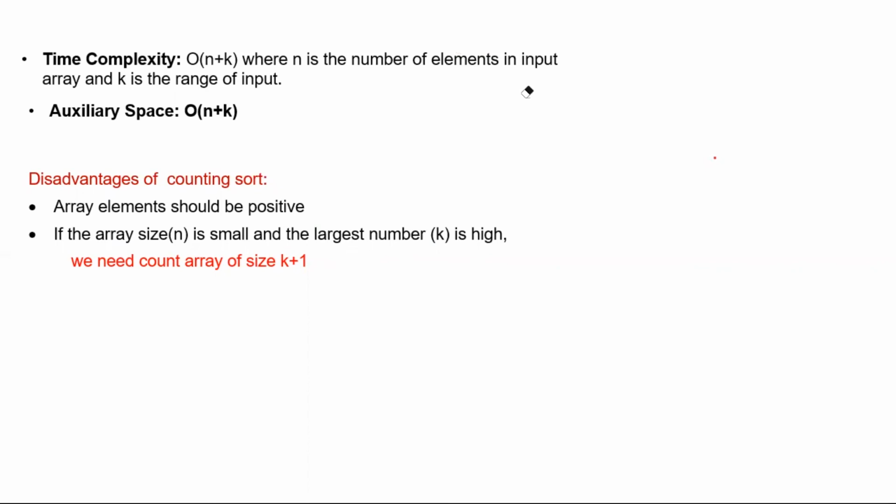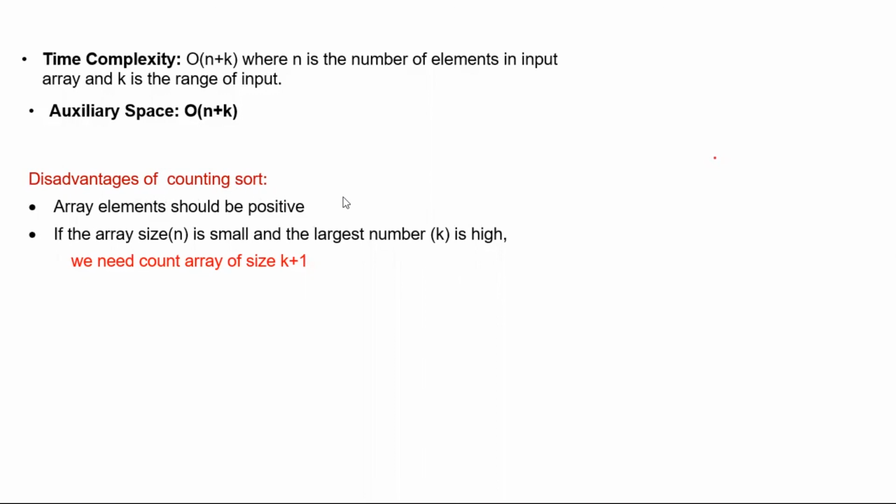Although I mentioned the complexity in the previous lecture, as you see in this implementation, the time complexity is big O of n plus k, and we need n plus k extra space as well. There are two major disadvantages of counting sort.